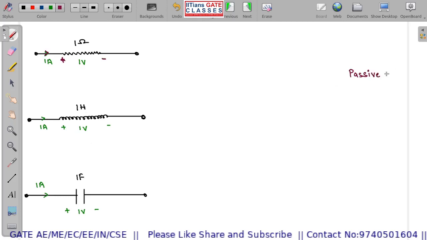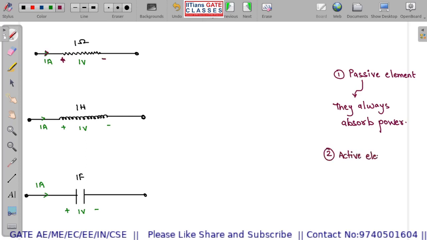Now we have two kinds of elements, passive elements and active elements. By passive elements, we mean that they always absorb power. And the second classification is active elements.